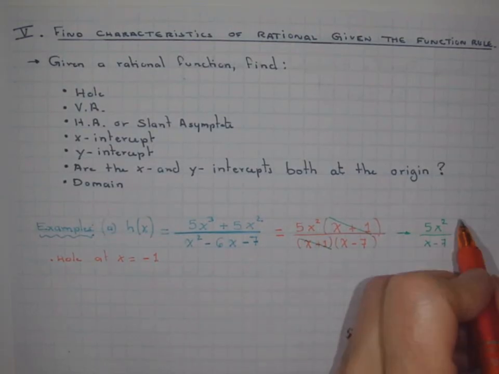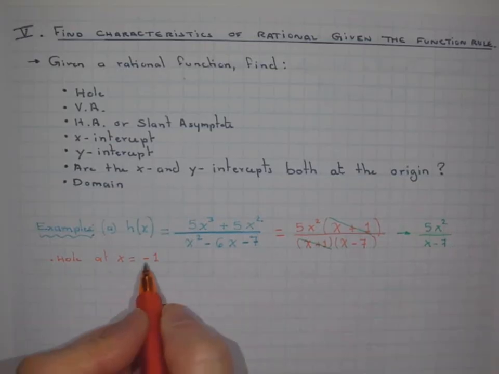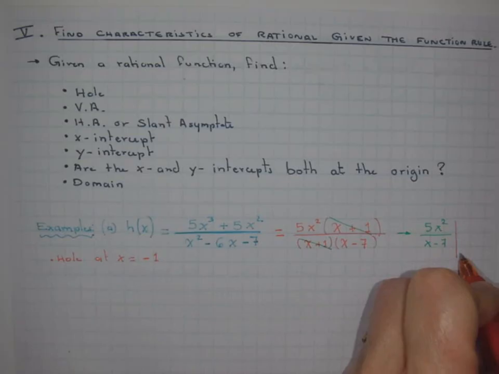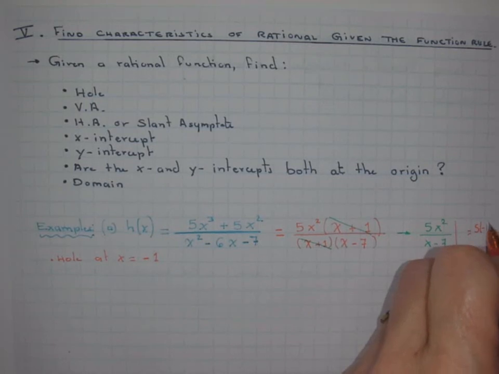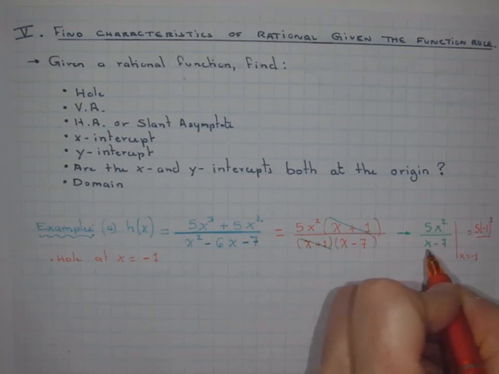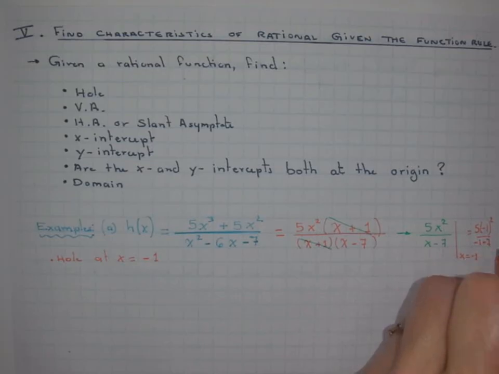And when we do that, we want to plug in a negative 1, such that x equals negative 1, and what would that give me? That would be 5 times negative 1 squared over negative 1 minus 7, right?